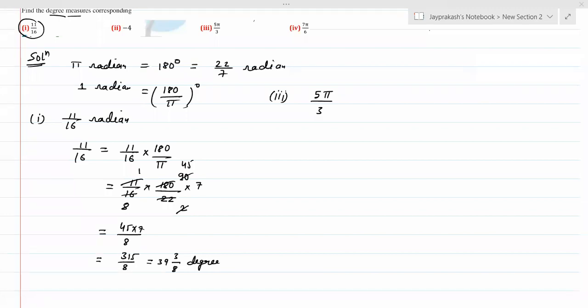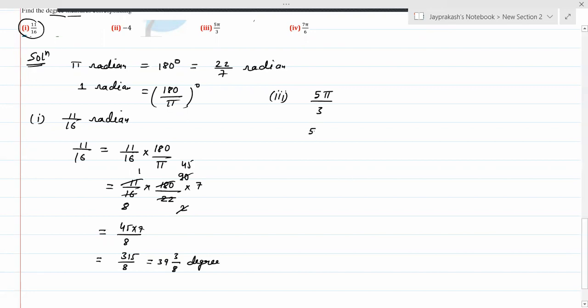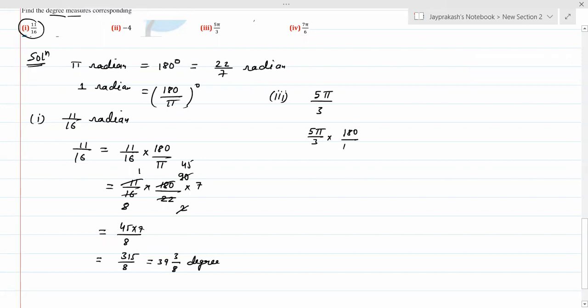Your third question is 5 pi by 3. So again this is in radian. Always remember it is in radian and we have to go to degree. So when we are converting radian to degree, we will simply multiply 5 pi by 3 into 180 by pi.